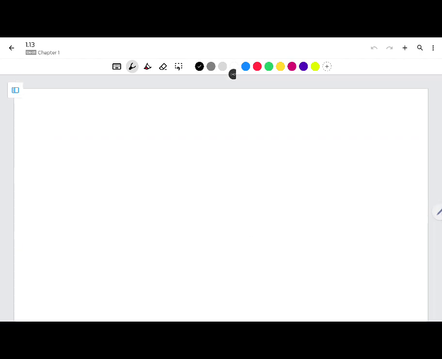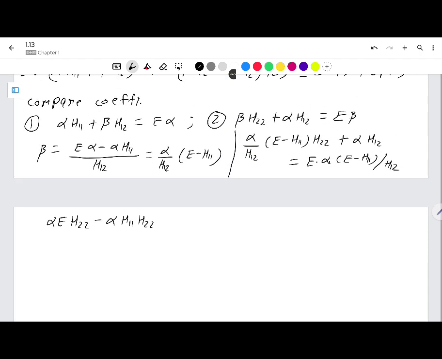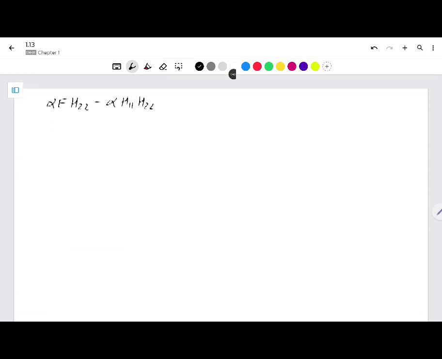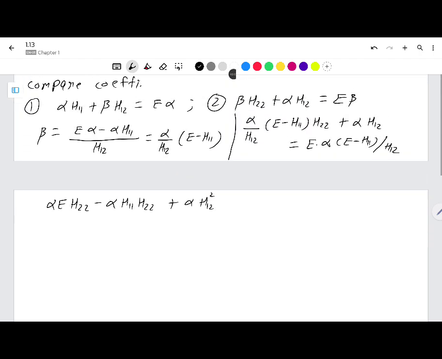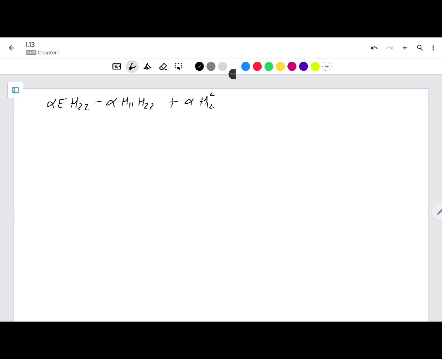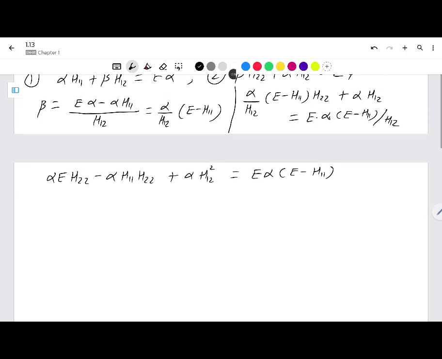So we have alpha E H22 minus alpha H11 H22 plus alpha H12 square is equal to E alpha (E minus H11), right?